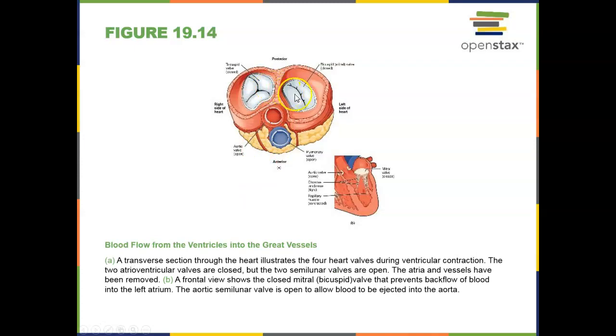And so here we have the tricuspid and bicuspid or mitral valve closed, but now we have the aortic semilunar and the pulmonary semilunar valves opened. And so blood's going to rush out and enter either the pulmonary trunk and then the pulmonary arteries or the aorta.